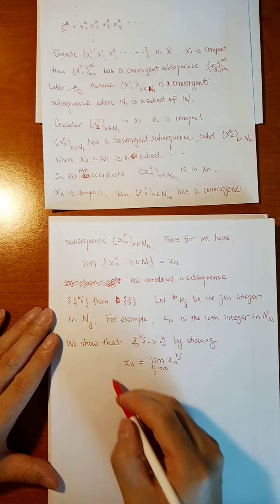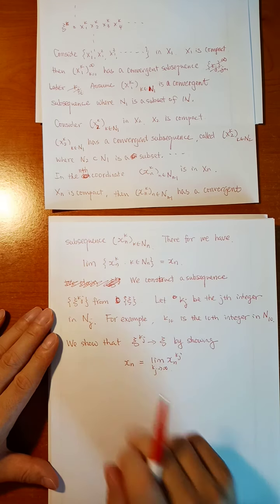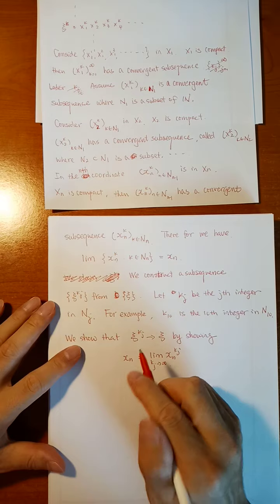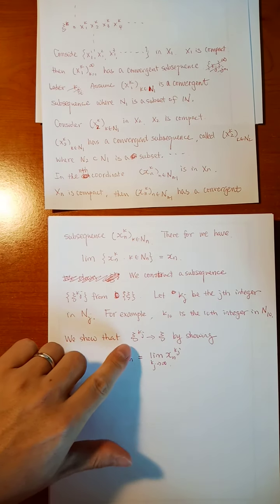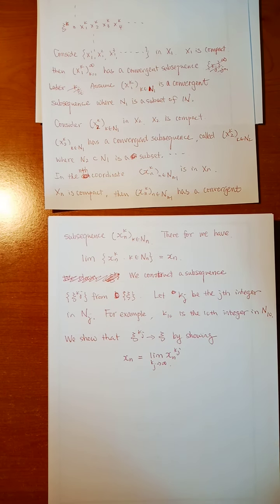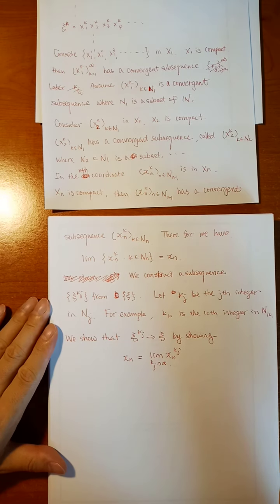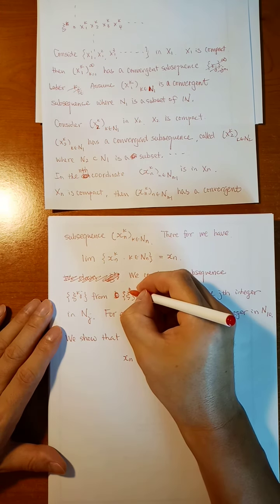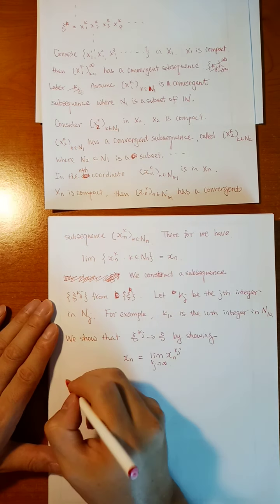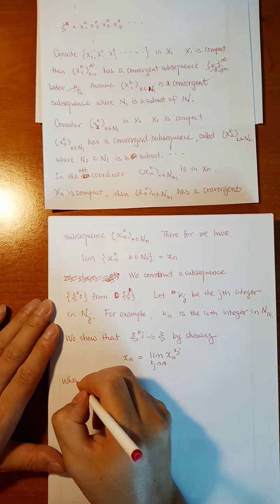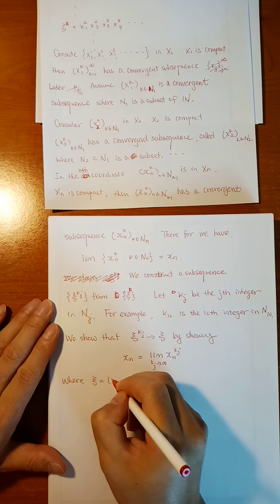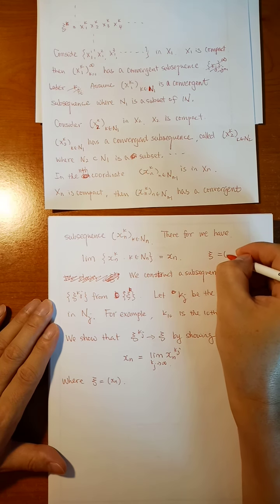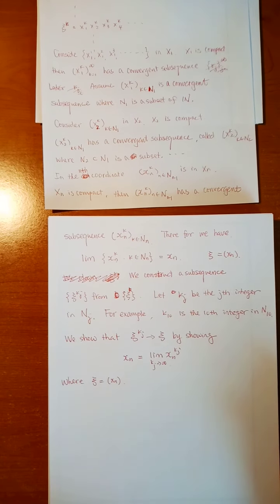If we can show that component-wise this converges to xn, then of course it's correct. The Cartesian product element will converge to psi. Psi here, sorry, this is psi_k. Here psi, I forgot to name, psi is this xn.